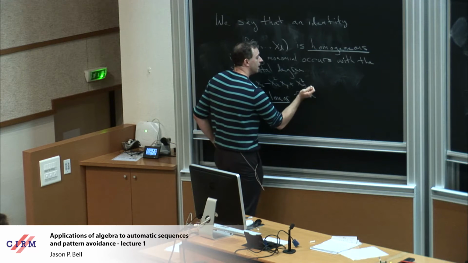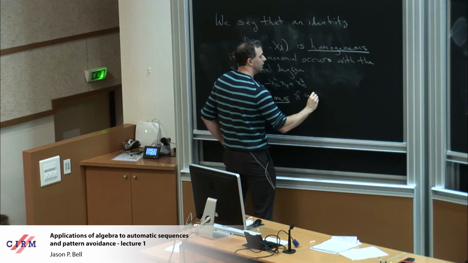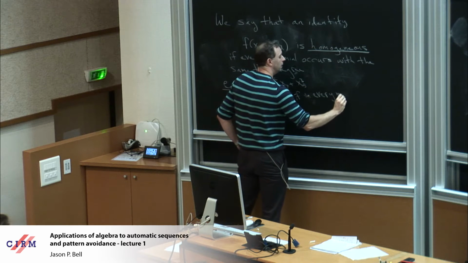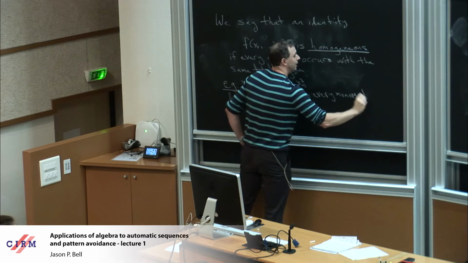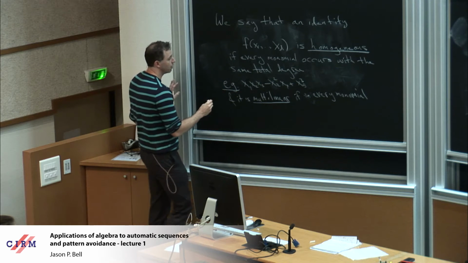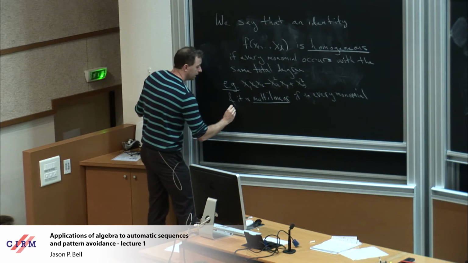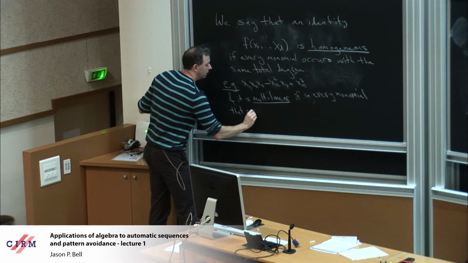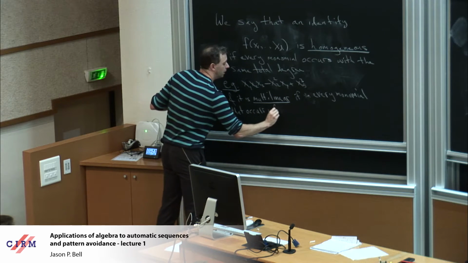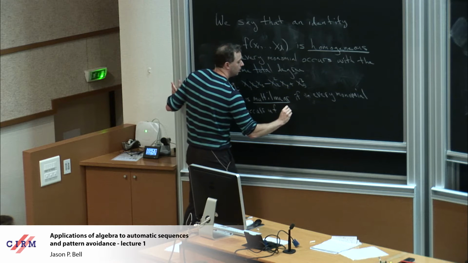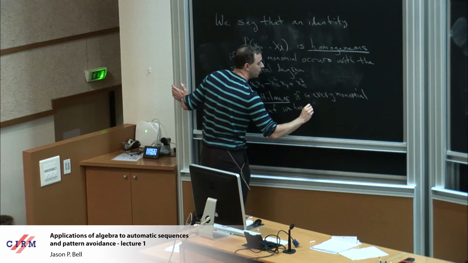if in every monomial that occurs in F with non-zero coefficient, each variable occurs exactly once.